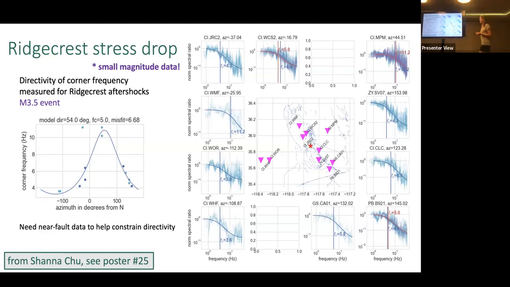So is there directivity? And it seems like we can see that she's fitting a directivity pulse to these stations. So this is really interesting work, but I think it would be improved if we had more near source stations here to constrain that, and particularly for the directivity to understand what's happening for these smaller events. But here again, is an example where we can harness the information of the small events.